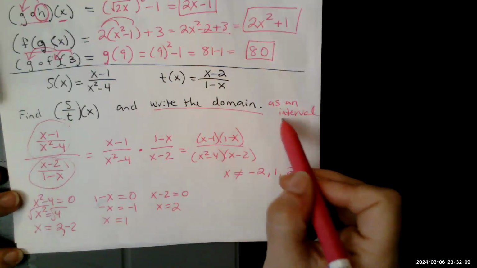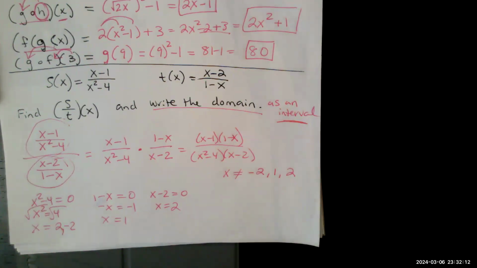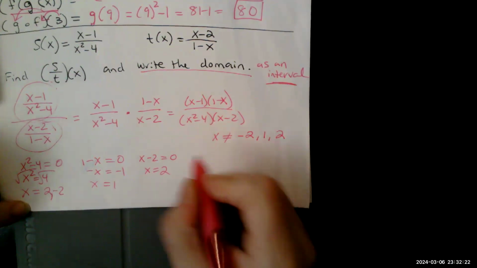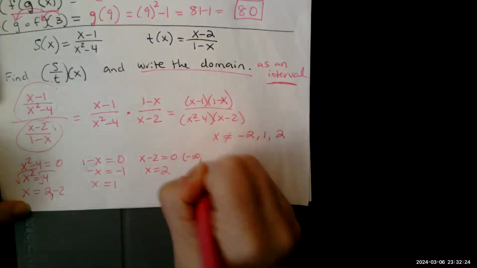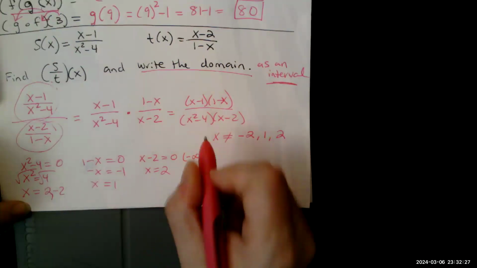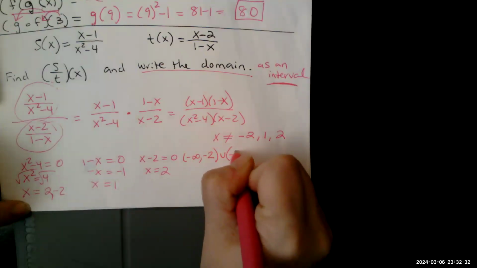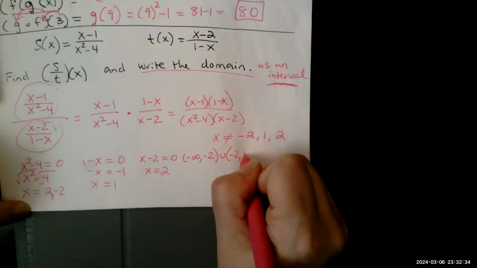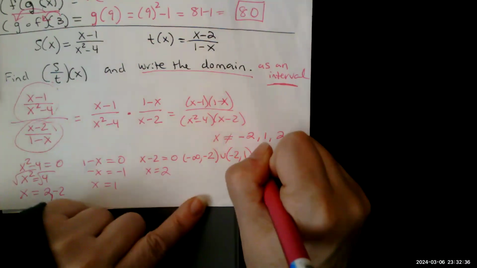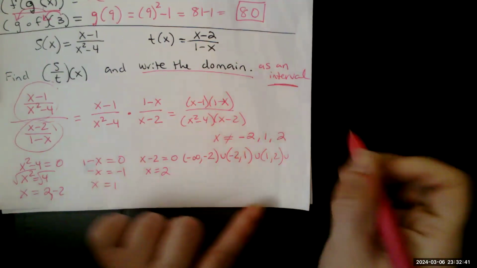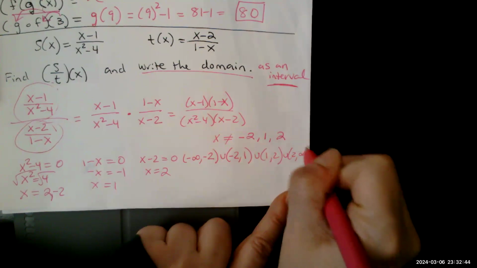So how do I show with an interval, which means like the parentheses and the infinities, that I want every single number except for these? Well, this is the kind of annoying one to write with all the parentheses and the u's, where you start with negative infinity, go until the first number you don't want, union, start there again, and go to the next one you don't want, union, start there, go to the next one you don't want, start there, and go to infinity.